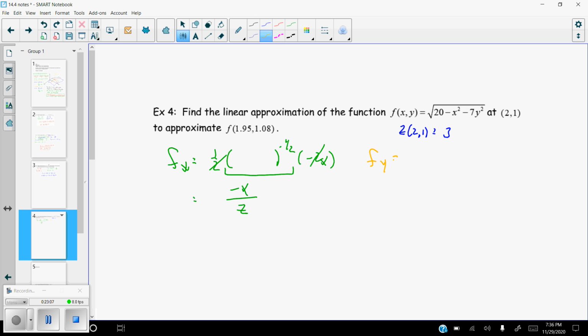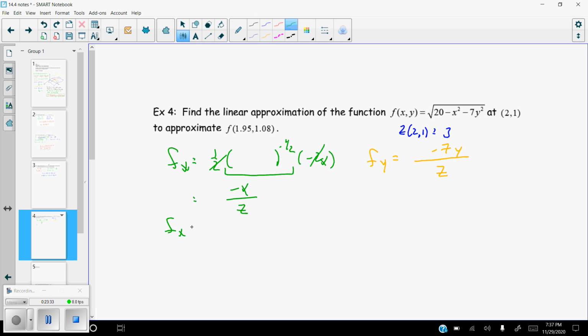So f sub y, same exact idea. It's going to be 1/2 times the entire inside to the negative 1/2. Again, that just puts something over z. Then we're going to have a negative 14y. The 14 and the 1/2 from the original are going to become 7, so we're going to have negative 7y. Now we're going to need to evaluate these.